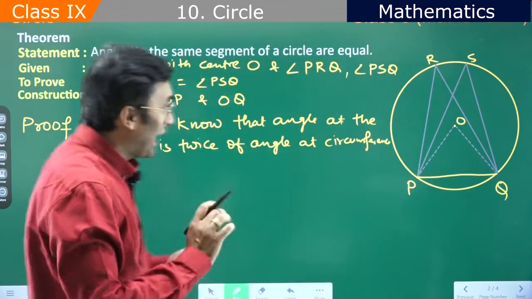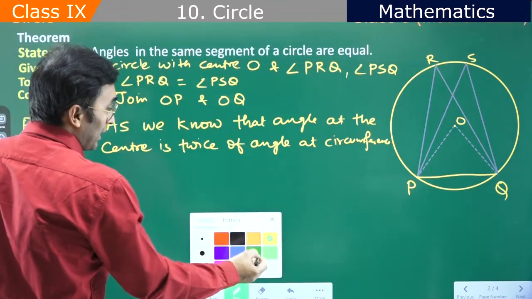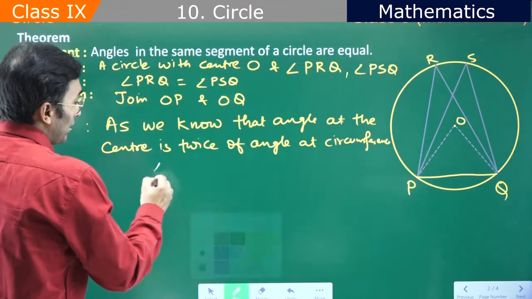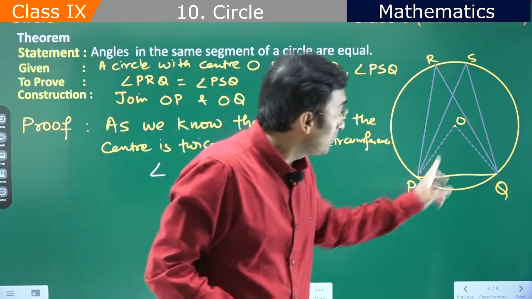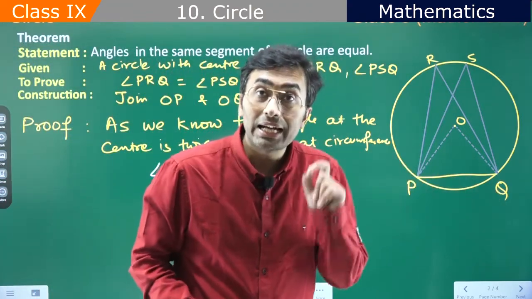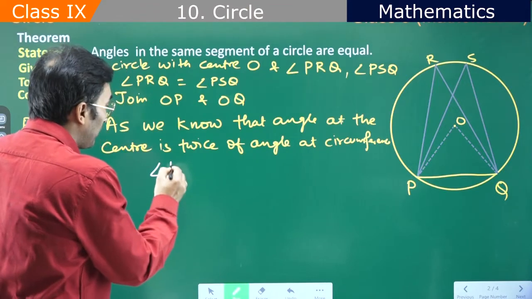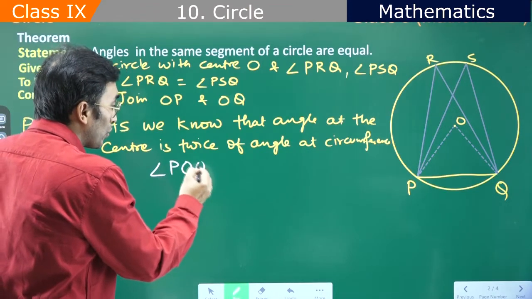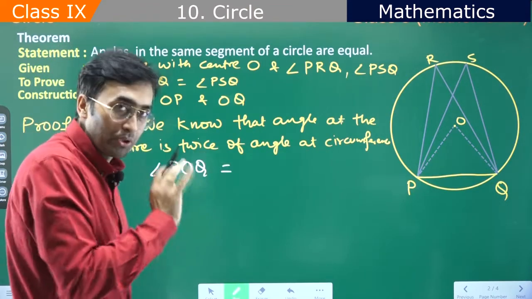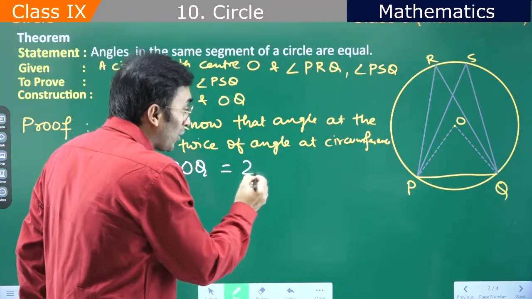Fine. So that basically means angle POQ, that is the angle at the center, equals twice of which angle?